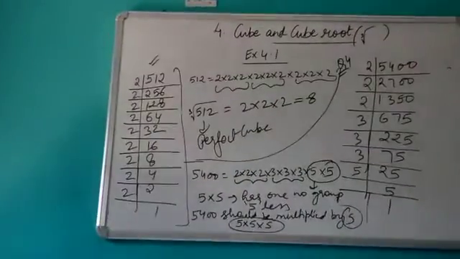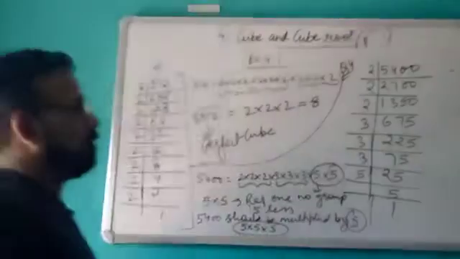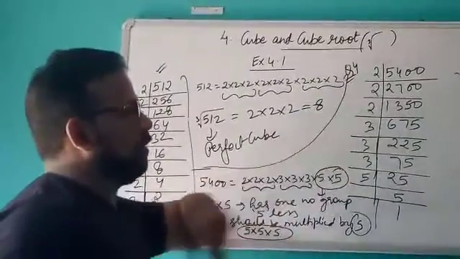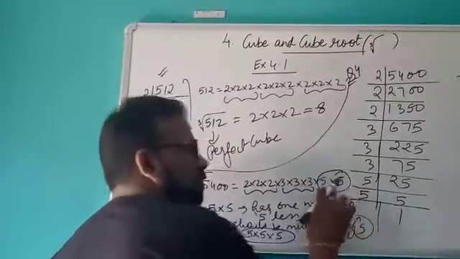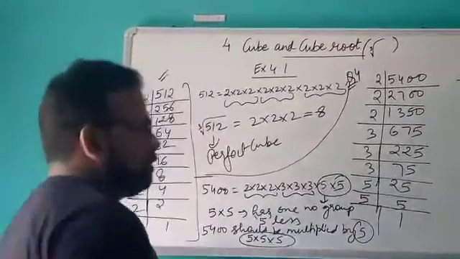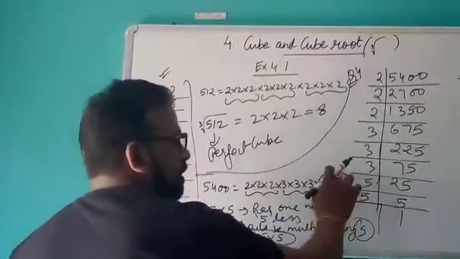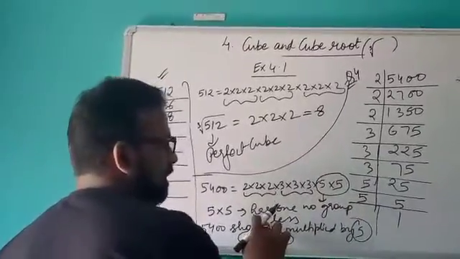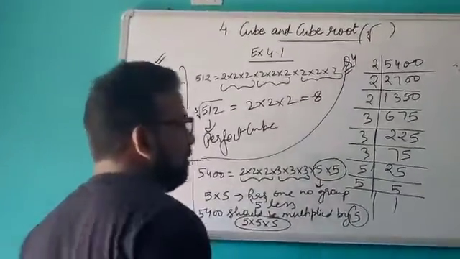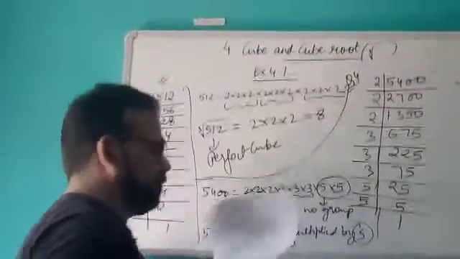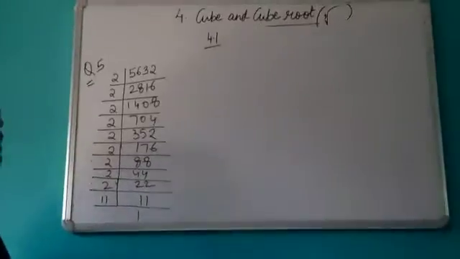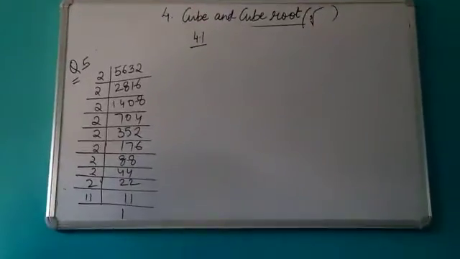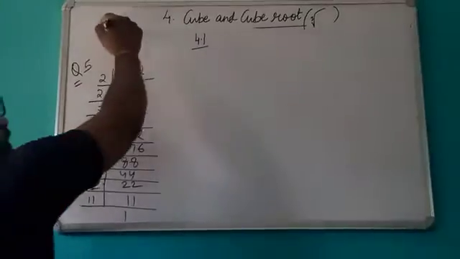So whenever a question of this type comes, you have to see what number should be multiplied: whatever group is not forming, by putting one more number, that group is formed. That means in this case 5 should be multiplied by 5400 so that 5400 becomes a perfect cube.